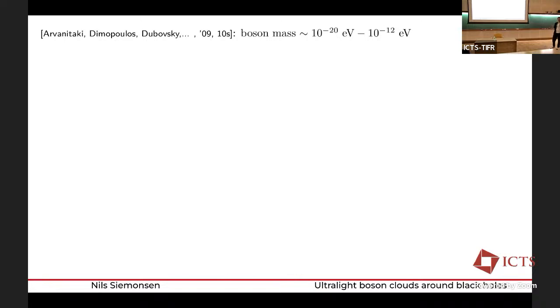And if these were to exist, and we haven't observed them yet, maybe this superradiance process around a rotating black hole is a way to look for signatures of first the superradiance clouds, but then also of the existence of the bosons.